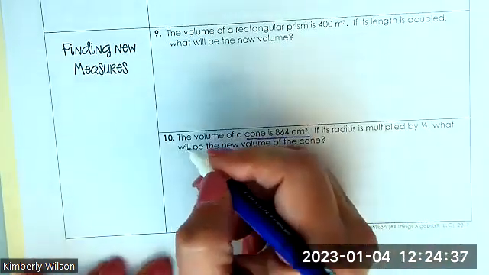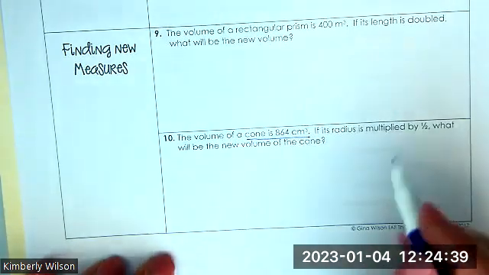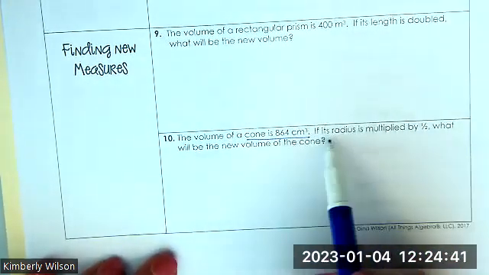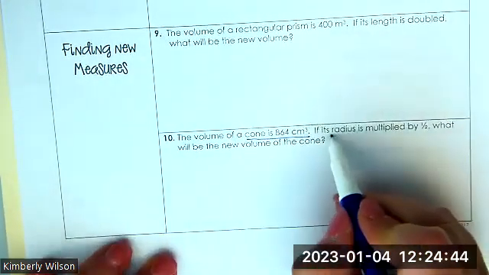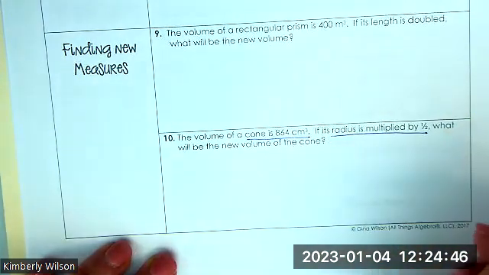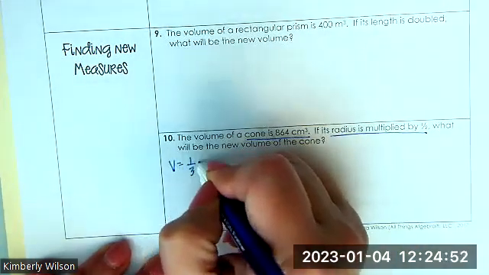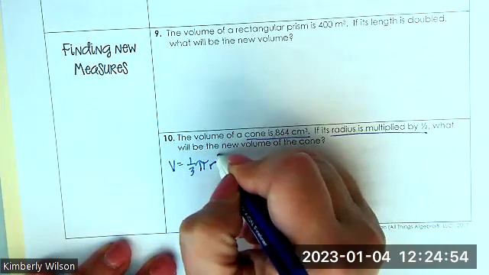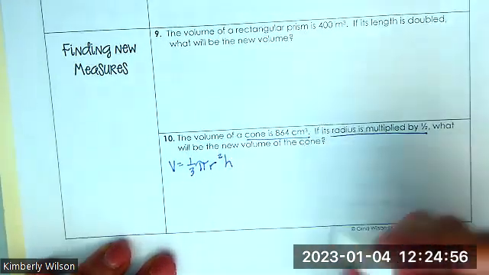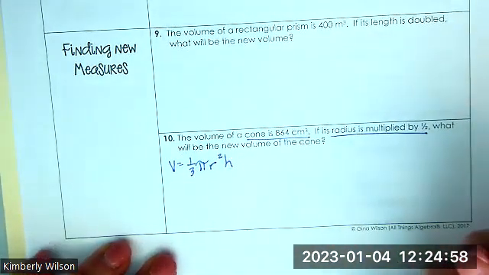So that means I'm using, it doesn't matter because the radius is multiplied by 1/2. What will be the new volume of the cone? Well, that's where we do have to remember what's our formula. It's 1/3 pi r squared times the height. My radius is squared in this instance.